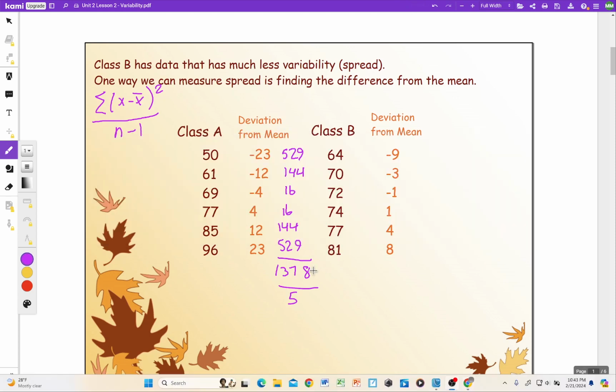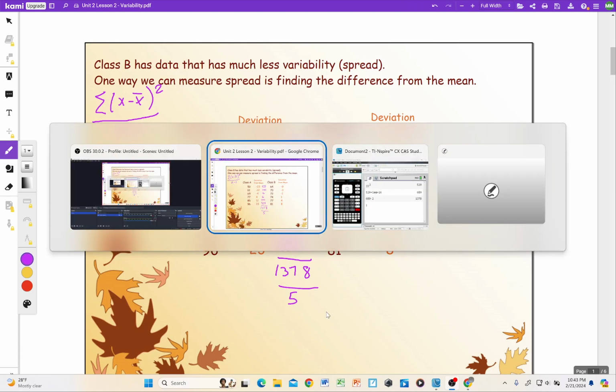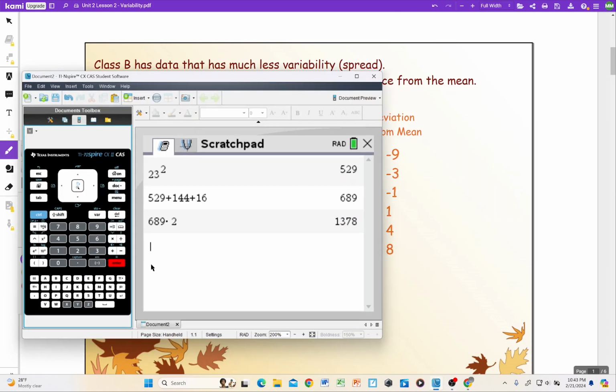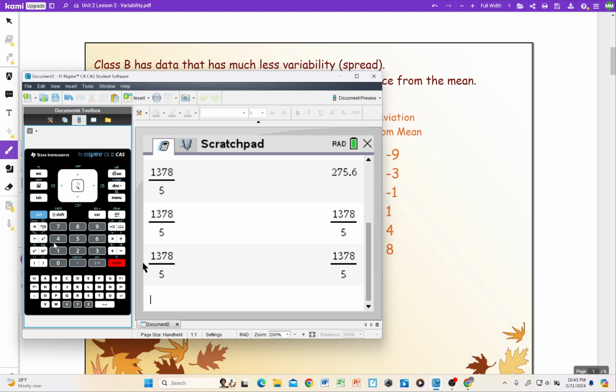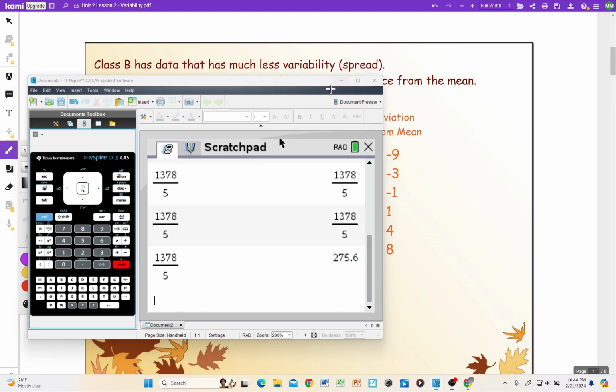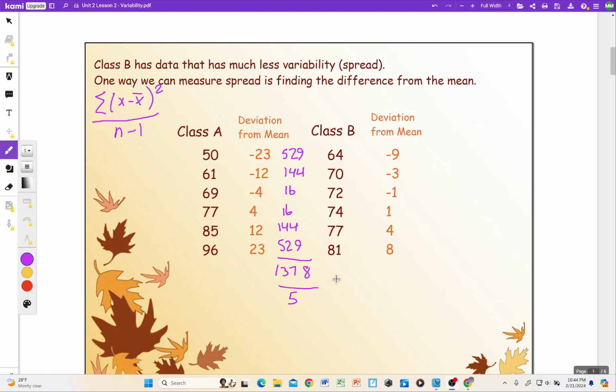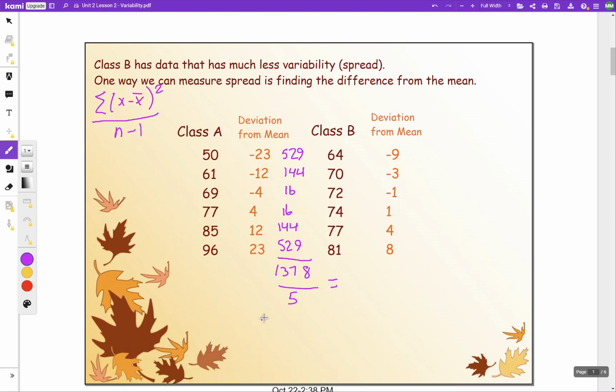So 1378 divided by 5. Oh, right, we got to do that right. 275.6. And then what we do is we take the square root of that.